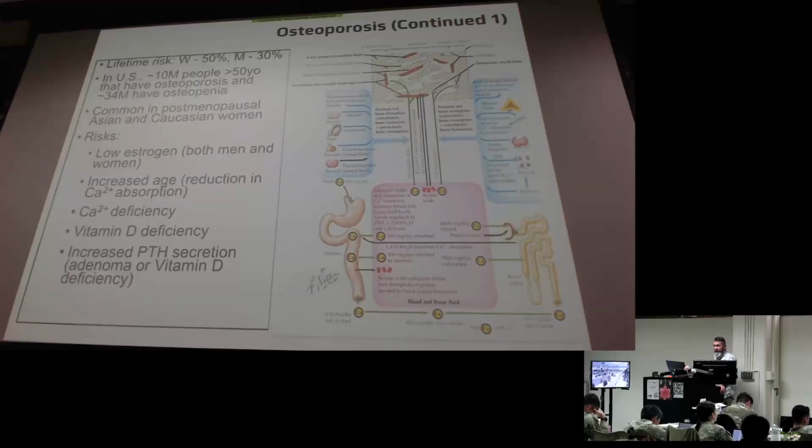Increased age, too many birthdays, is a risk factor, right? So why? Because we don't absorb calcium the same as we age. So increased age is going to put you at higher risk for osteoporosis due to that reduction in calcium absorption.